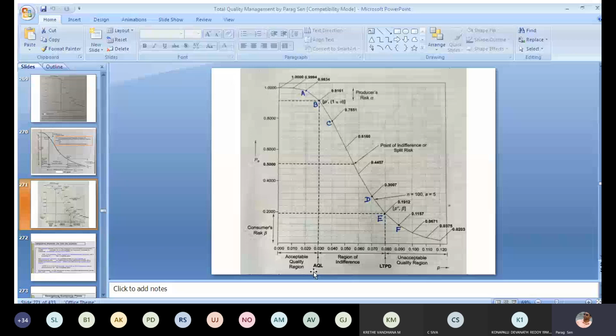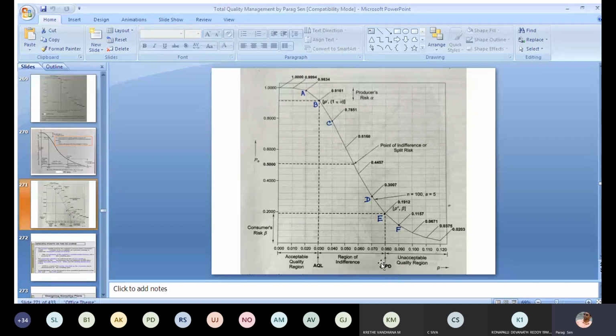AQL means up to this level the defectives will be definitely accepted by the customer or consumer.